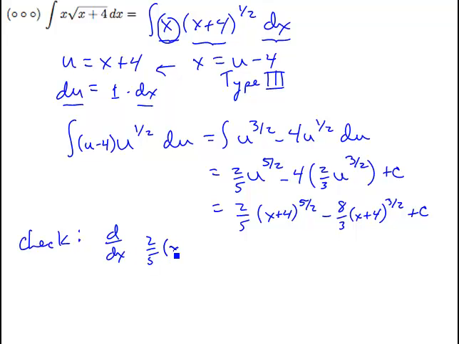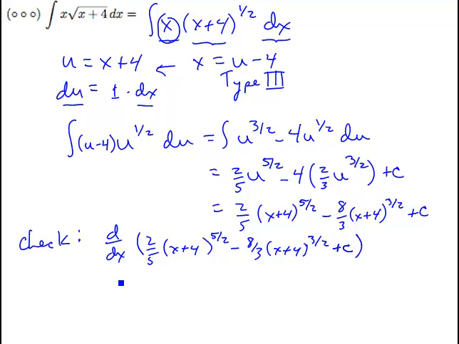So the derivative of 2/5 x plus 4 to the 5/2 minus 8/3 x plus 4 to the 3/2, and in each portion here I will need to use a chain rule.